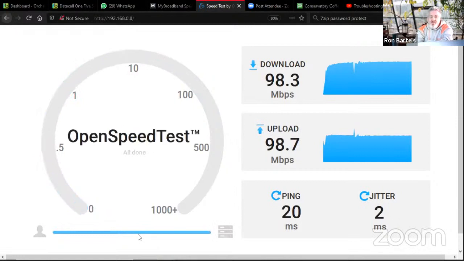So if we knew that we had 50 megabits per second available out of the office, and we are only seeing 1, 2 or 5 megabits per second locally in the office, then we know that there's a problem on the Wi-Fi in the office. Often this is the case, because as I move my laptop around from one location to the next inside the office, I'll go from 100 to 120 to 150.